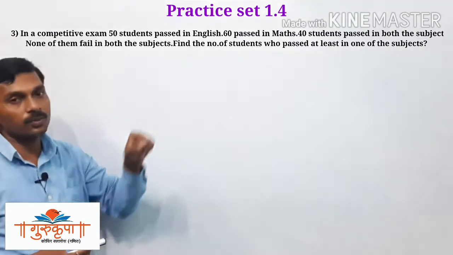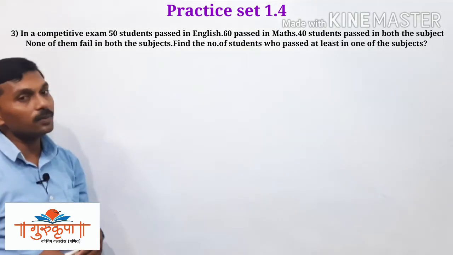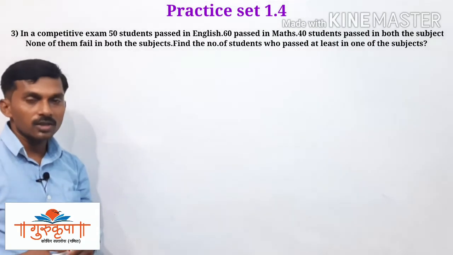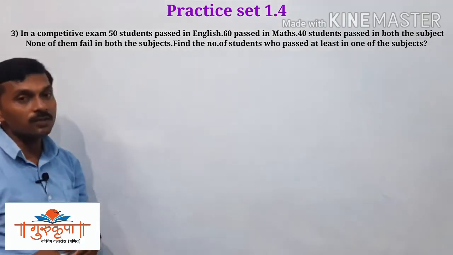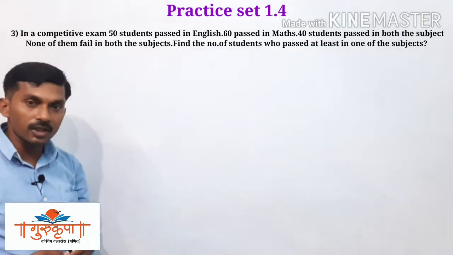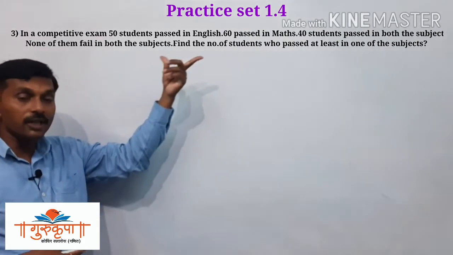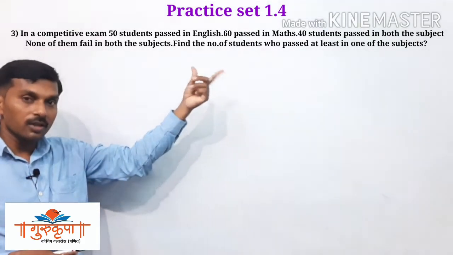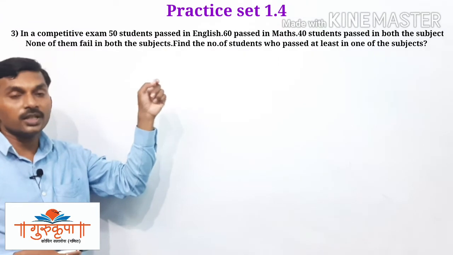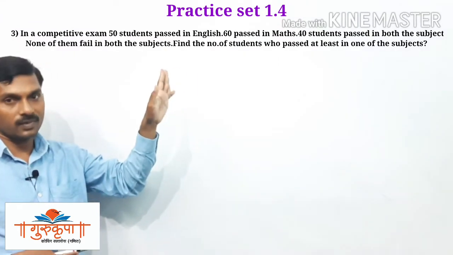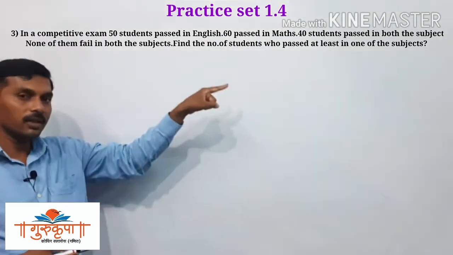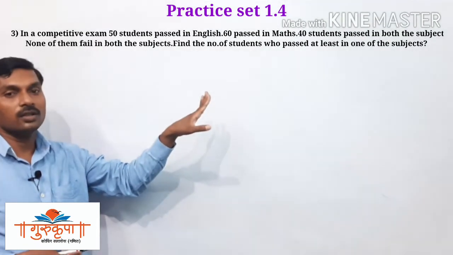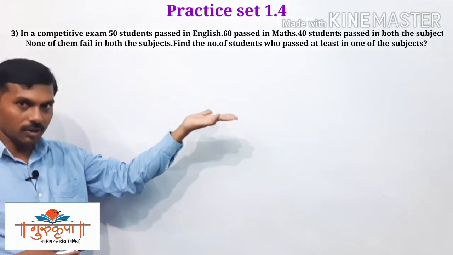That is very important information. Since no student failed in both the subjects, the universal set and the union of the given two sets is the same, and here we have to find that union of the two sets.